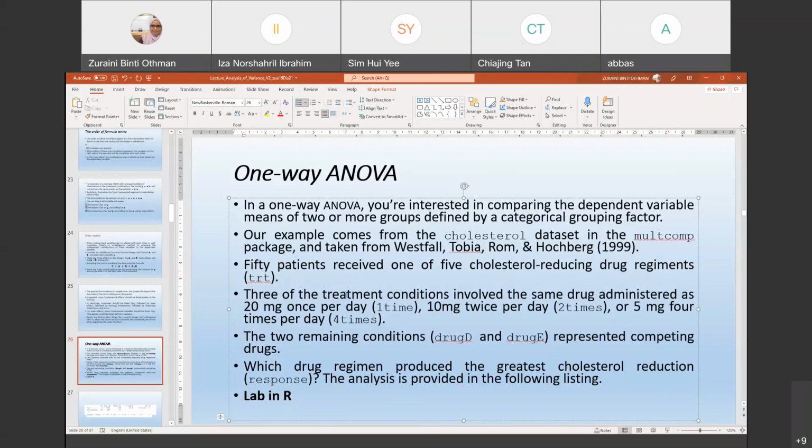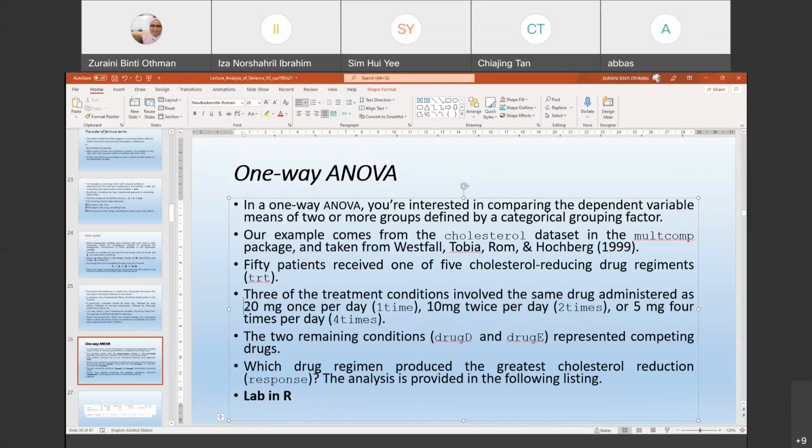Three of the treatment conditions involve the same drug administered as 20 milligrams once per day, 10 milligrams twice per day, and 5 milligrams four times per day. Actually, all the drug they consume for the treatment equals 20 milligrams.